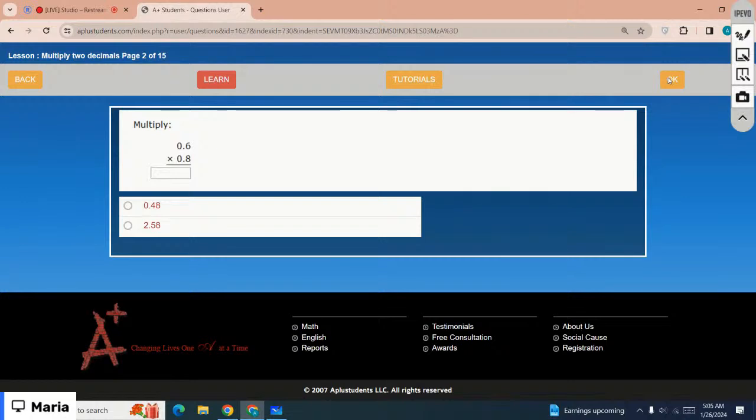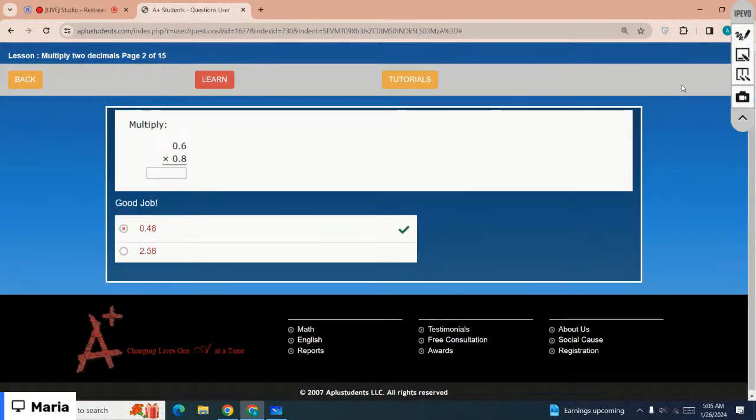The correct option is, yes, that is 0.48. Option number 1 is the correct option because 6 times 8 is 48. So your answer must have two decimal places. Got it?